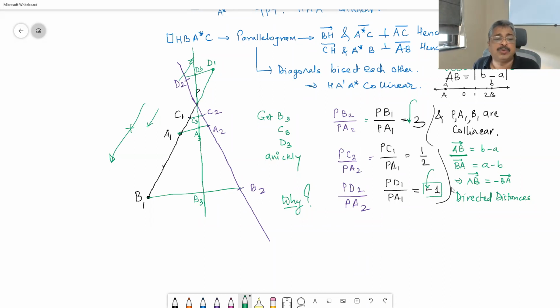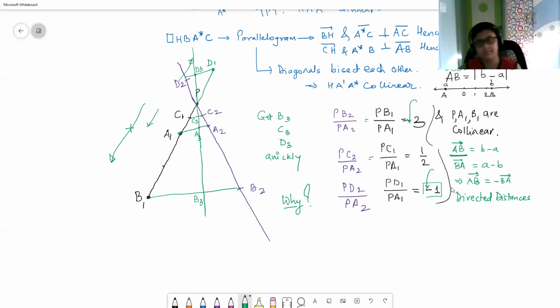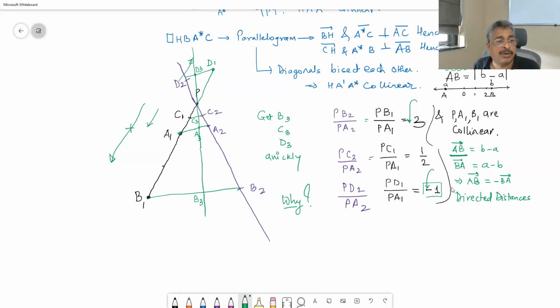Therefore, A1A2 is parallel to B1B2, is parallel to C1C2, is parallel to D1D2. And therefore, we have a BPT and similarity configuration where PA1 upon PC1 would be equal to PA3 upon PC3 and so on for all. That is the correct valid reason.